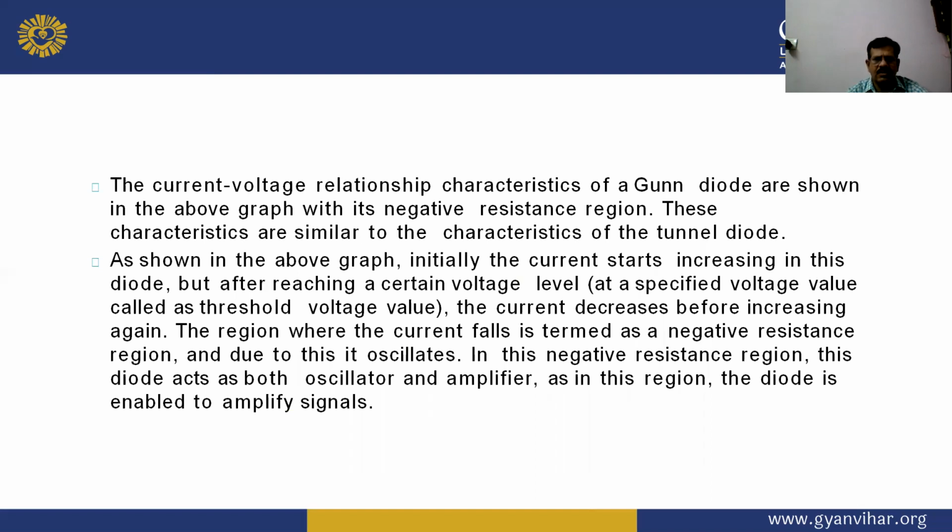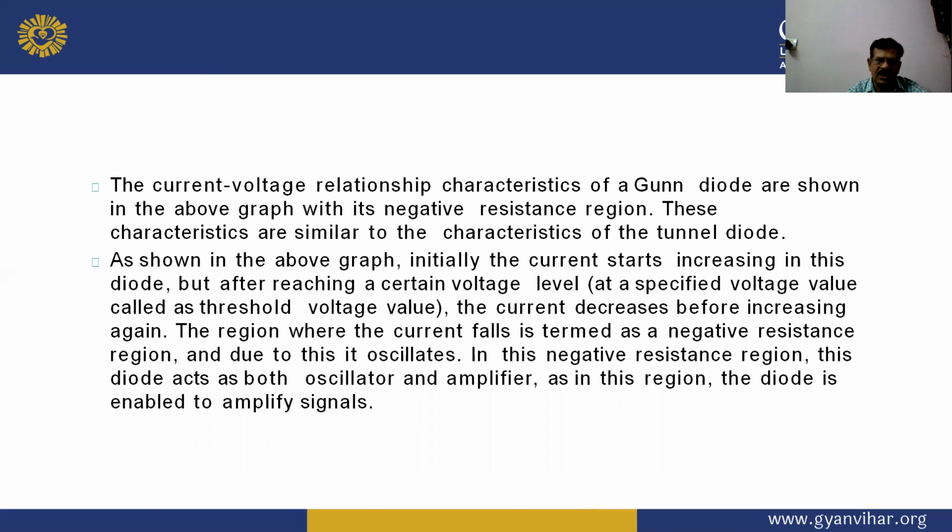As shown in the above graph, initially the current starts increasing in this diode, but after reaching a certain voltage, that is the peak voltage level, called the threshold voltage value, the current decreases before increasing again. The region where the current falls is termed the negative resistance region, and due to this it oscillates in this negative resistance region.